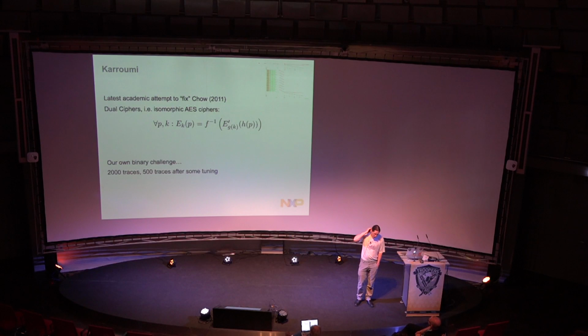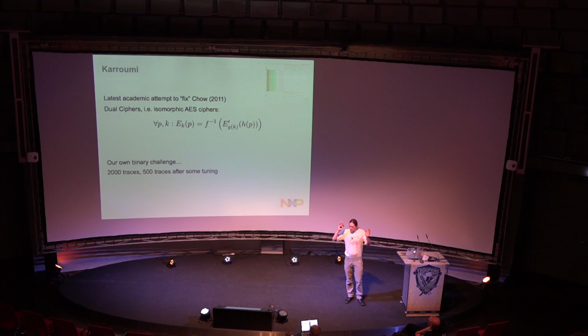So we looked for the strongest publicly available white box, and that was Karroumi. Karroumi is the latest attempt in academia to fix the SHOW design. And there is stuff I don't really understand, talking about dual ciphers and isomorphisms between representations of your AES.